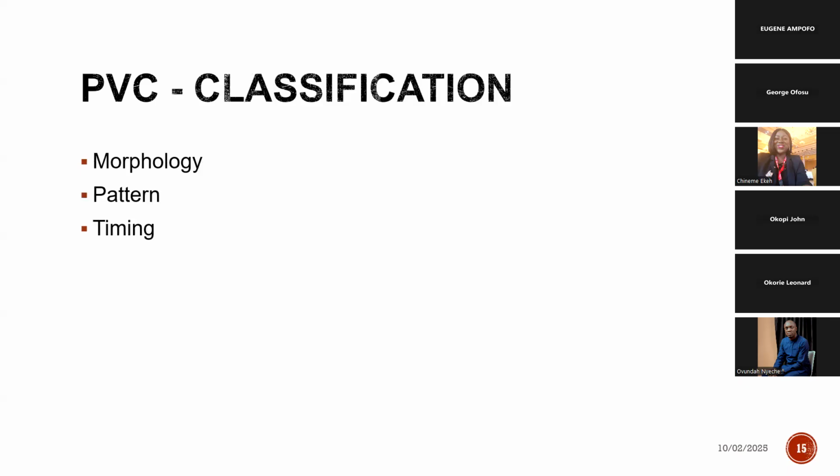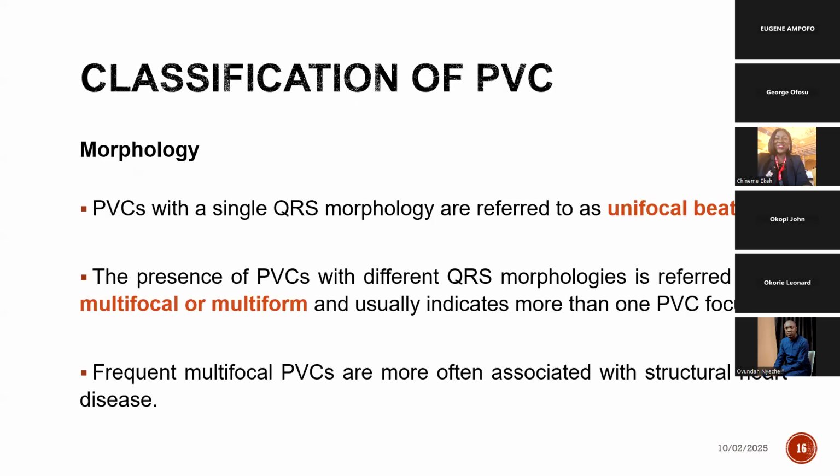So how do we classify PVCs? They can be classified based on the morphology as seen on the ECG, the pattern as seen on the ECG, and the timing of the PVC in reference to the normal QRS complexes. In terms of morphology, PVCs with a single QRS morphology are referred to as unifocal beats, and those with different QRS morphologies are referred to as multifocal or multiform PVCs.